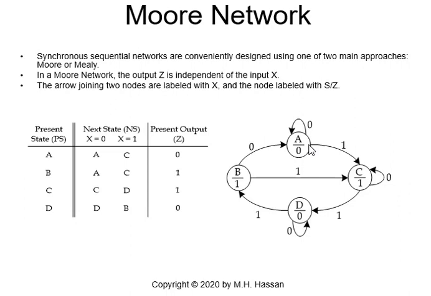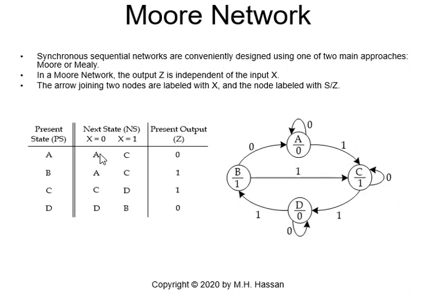If I am in state A, there are two arrows. One goes to A and one goes to C. However, if X was a 2-bit input, so X could be 00, 01, 11, and 10, we'll have 4 arrows. Each state will have 4 outgoing arrows.